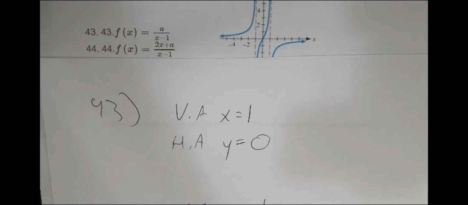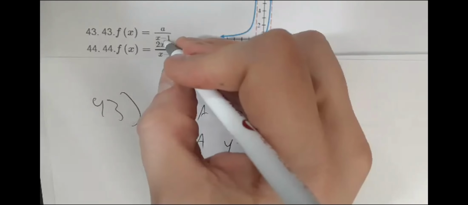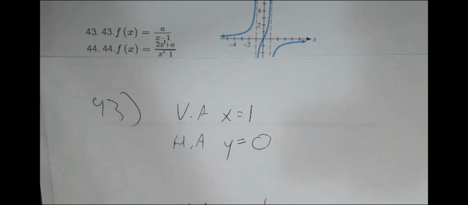What is the degree of these polynomials? Are they the same? Are they one larger? Is one smaller? Same degree? They are the same degree. This is to the first degree. This is to the first degree. So if they are to the same degree, what's the rule?